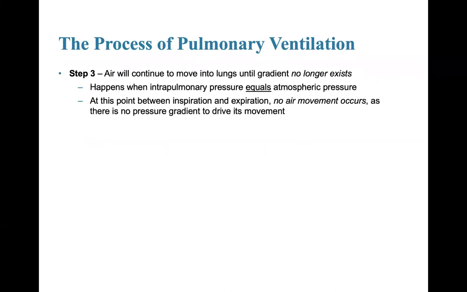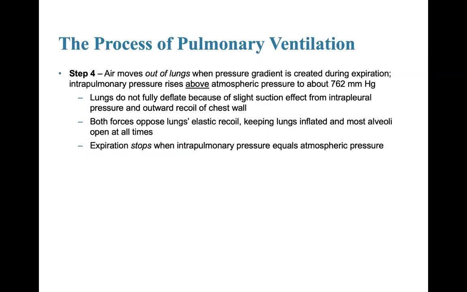Air will continue to move into the lungs until the gradient no longer exists. This happens when intrapulmonary pressure equals atmospheric pressure. At this point, between inspiration and expiration, no movement occurs, as there is no pressure gradient to drive it. Now, in order to get air to move out of the lungs, a pressure gradient is created during expiration: the intrapulmonary pressure rises above that of atmospheric pressure.